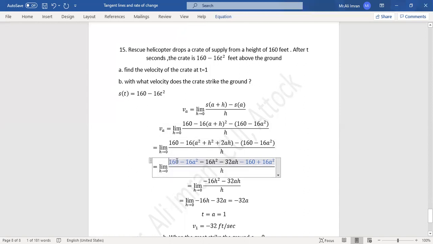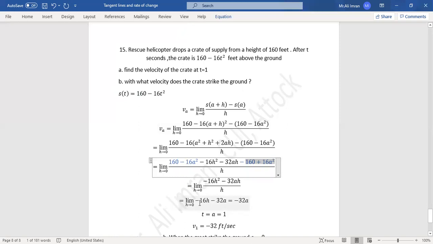Cancelling the terms which I have written in blue, this factor cancels with this factor, and we have limit h approaches 0, minus 16h square minus 32ah divided by h. Taking h from the numerator common and cancelling with the denominator, we have velocity at point A is equal to limit h approaches 0, minus 16h minus 32a.